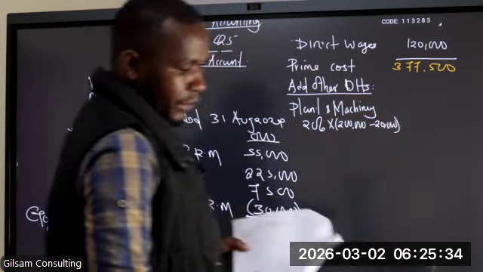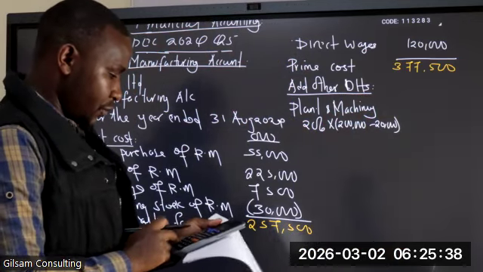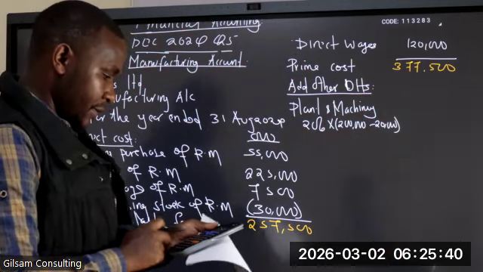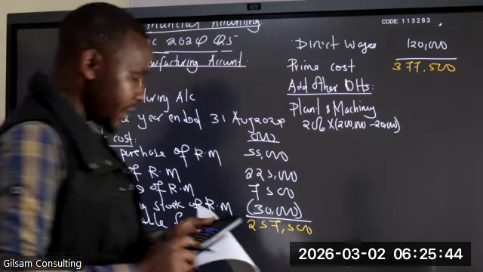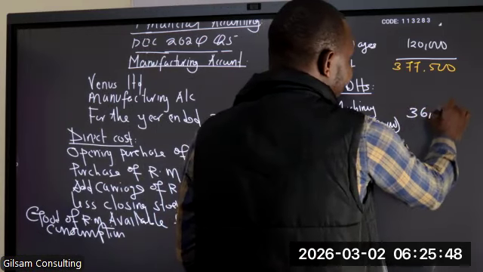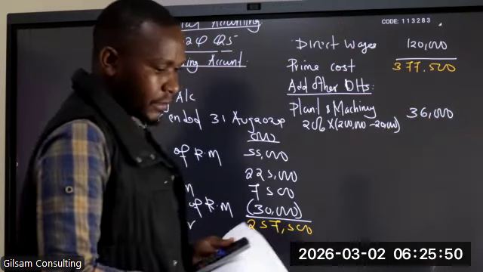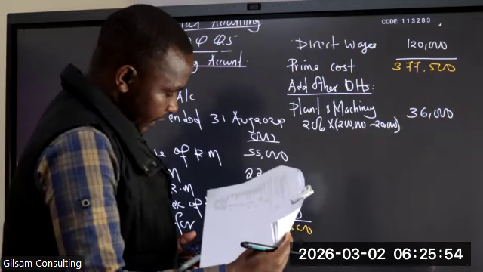So 200,000 minus 20,000 multiplied by 20% gives us 36,000. What else?